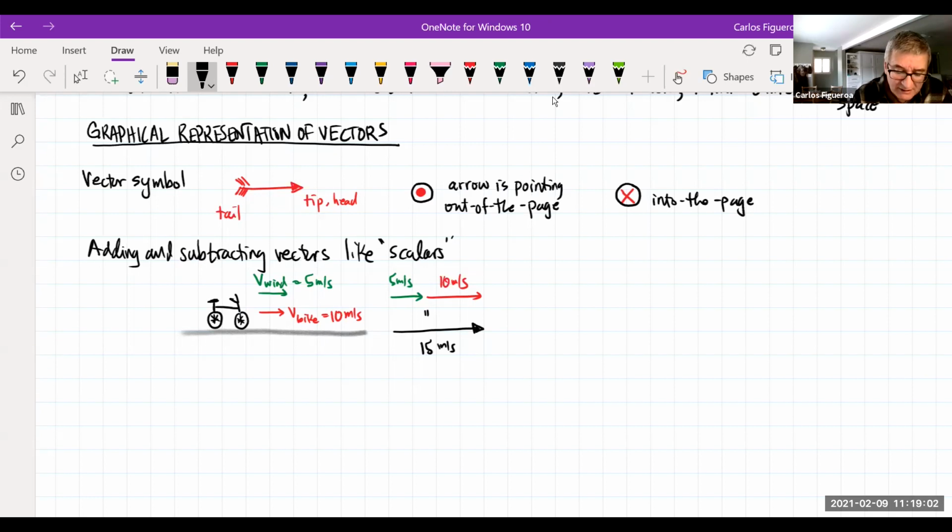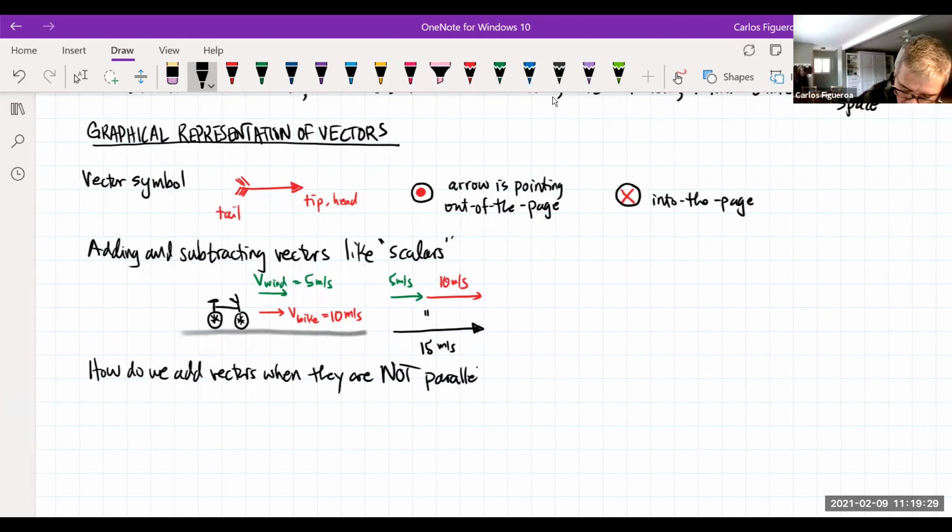But the problem is vectors are not scalars, right? And where it's most apparent is, how do we add vectors when they are not parallel? What I mean by this is that you could imagine that your bike is going something like this.